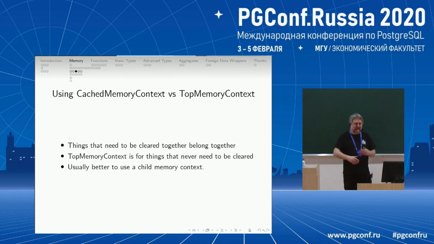If you might need to clear it periodically and you'd invalidate cache stuff, put it in its own context underneath cache memory context. And in most cases, you probably don't want to put it straight in top memory context anyway. You probably want to have your own memory context, which is a child of top memory context, so you can reset that one without resetting the top memory context. Does that make sense? Is there anybody for whom this does not make sense?